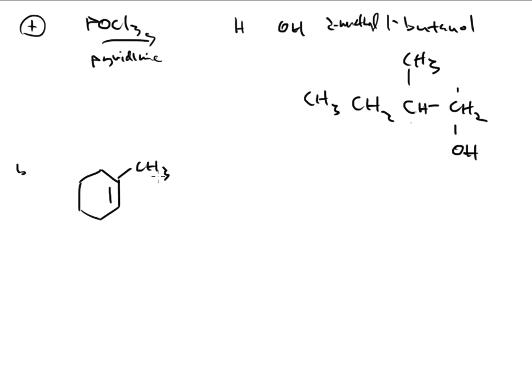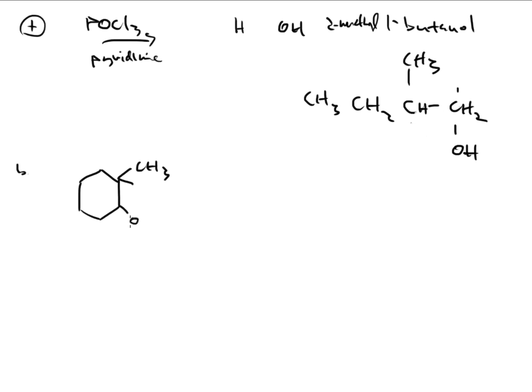All right, well, if I use POCl3, that means those 2 carbons in the double bond are the 2 carbons that are going to be doing something for me. No rearrangement takes place. So what I need to do is erase that double bond, and 2 sites of attachment will open up. Where do I put the OH group? Is there a difference? Is there a preferred choice? And the answer is yes.